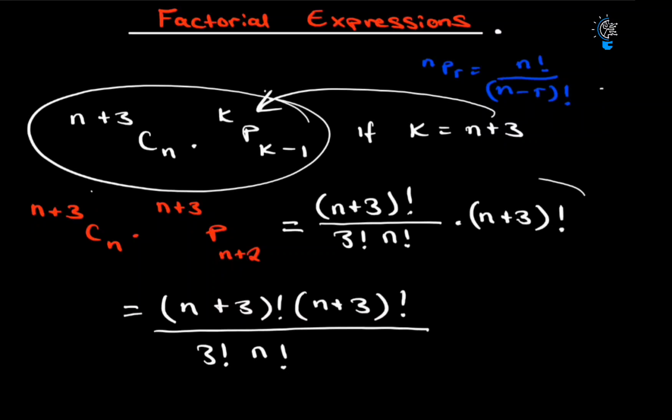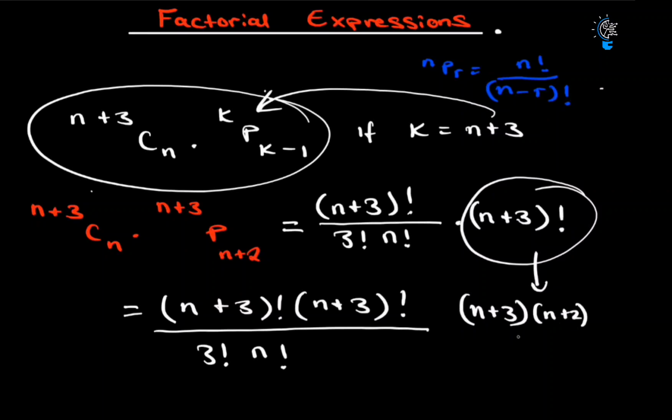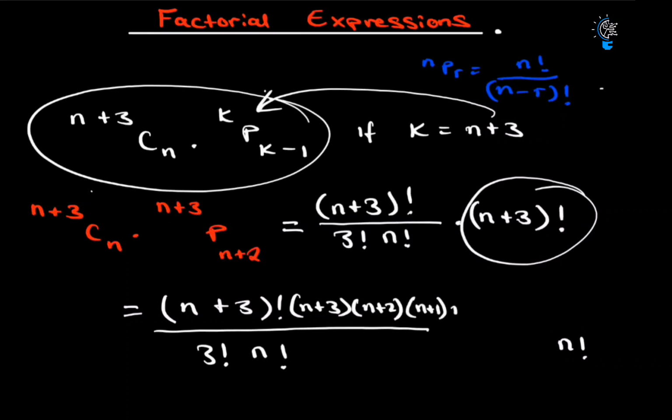Now this part can be expanded as n plus 3 multiplied by n plus 2 multiplied by n plus 1 multiplied by n factorial. So let's write that expression: n plus 3, n plus 2, n plus 1, and n factorial. So that part and that part will cancel, and our end product will be this expression.